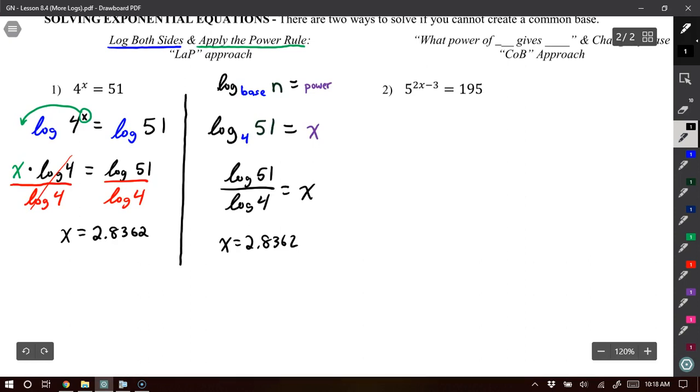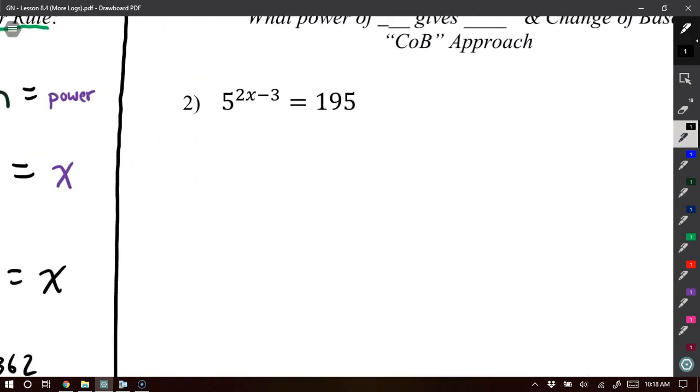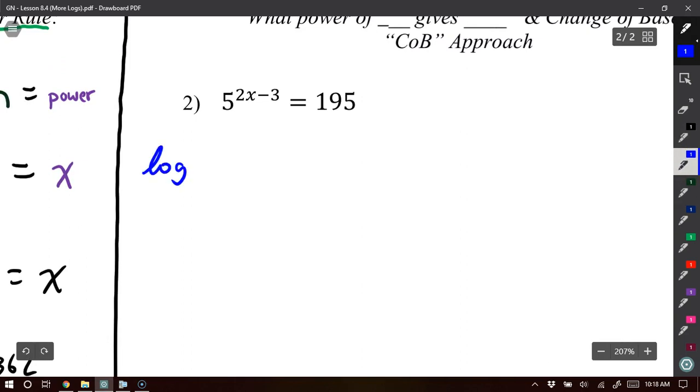So if I look at number 2 on it, as we go through, I'll separate them to make it easier. We'll do the same thing. We will do the log and power approach. And so the log and power approach is really what it says. Take the log of both sides. So I'm going to write the log to the left of the number equals, and I'm going to do the log of 195.